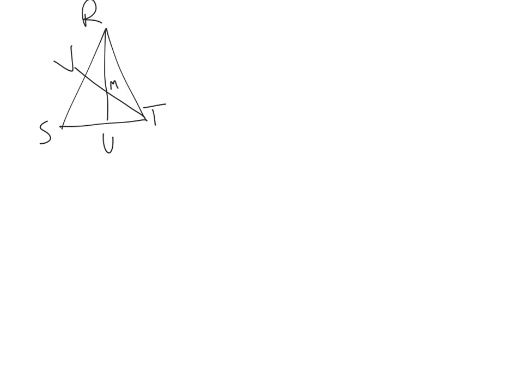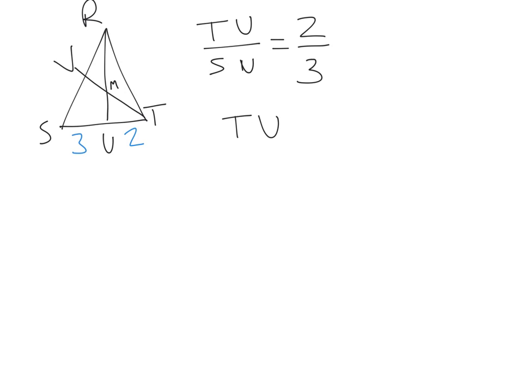Okay, and then we know that TU over SU is equal to 2 over 3. And then what I kind of did was I said, okay, look, well, TU right here is equal to, oh, and they told us that this was 2 and this was 3, right?